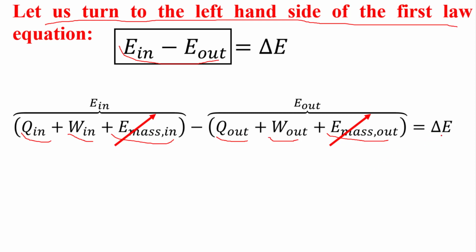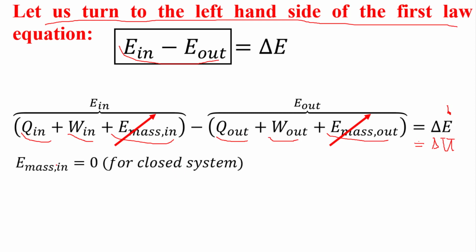And remember, the right hand side we agreed is equal to delta U. Notice that all the letters are capital: Q, W, energy, mass. This is equal to 0 because we have a closed system, so there is no mass in or mass out.